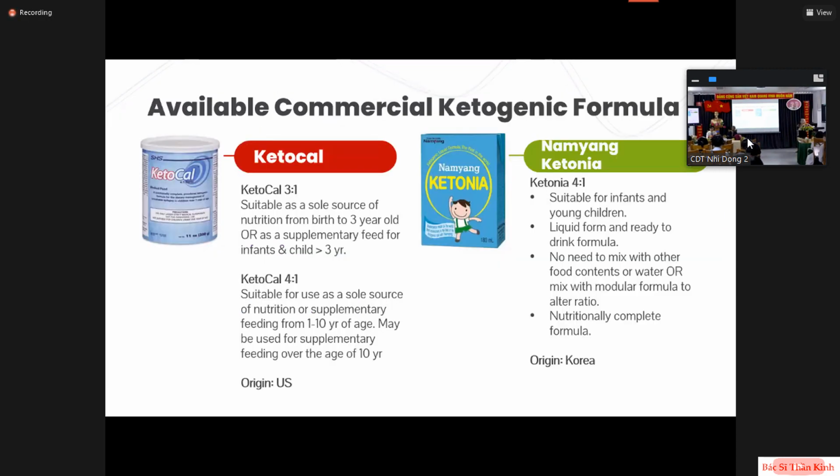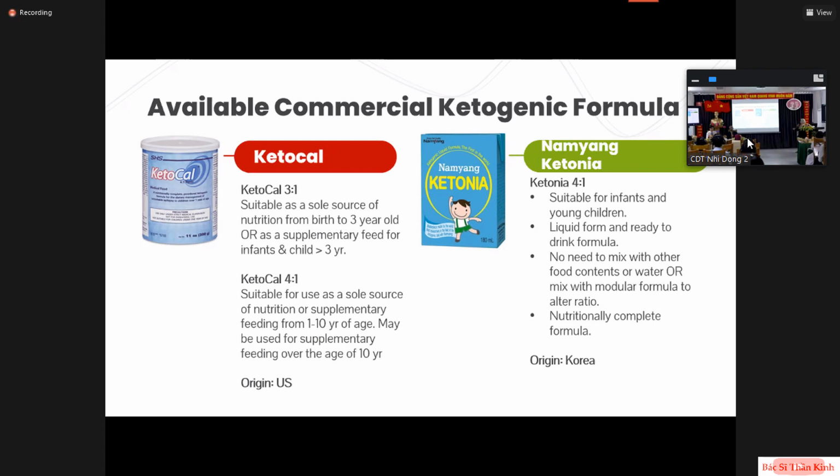So these are the available commercial ketogenic formula that I know. The KetoCal, we don't have it in Malaysia because it's too expensive. It has two formulas: a 3:1 ratio and a 4:1 ratio.